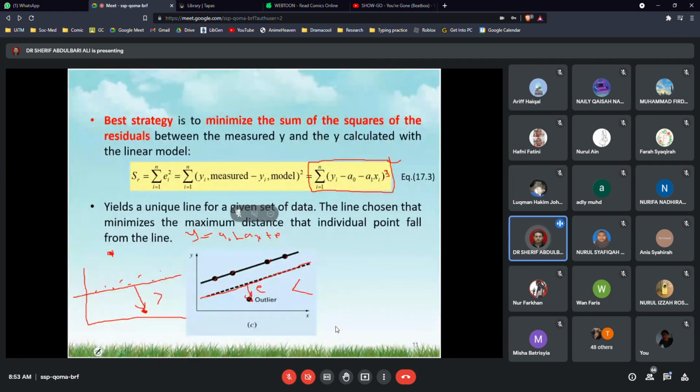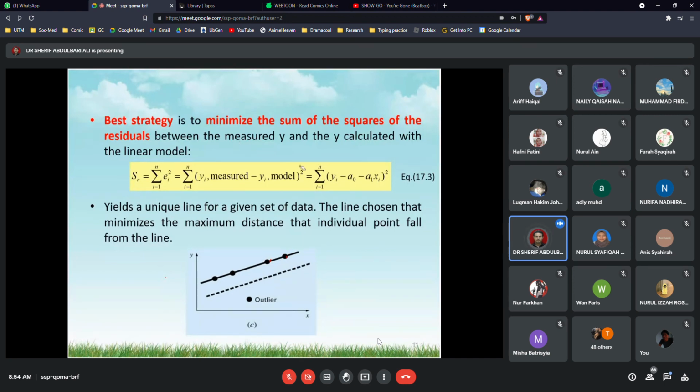Okay, remember this slide? Here we are saying that the best strategy for curve fitting is to minimize the sum of the square of the residuals between the measured data and the model.